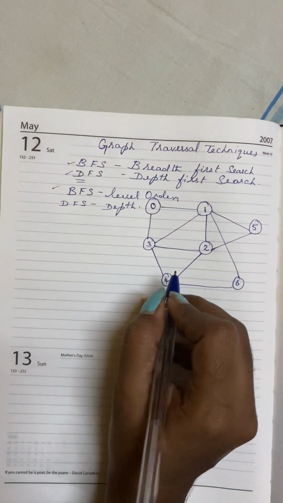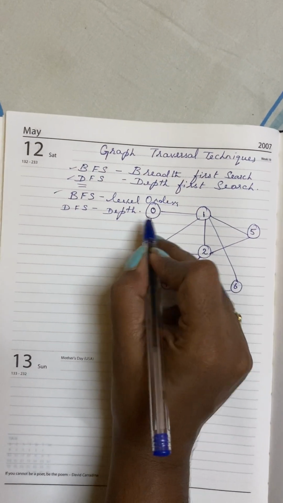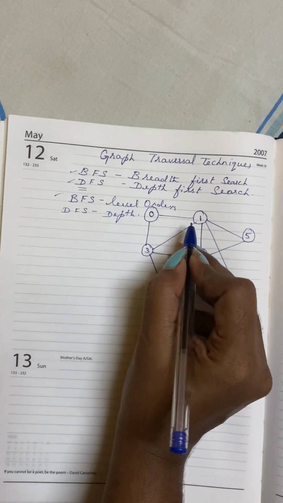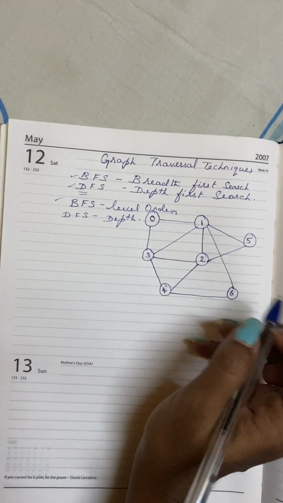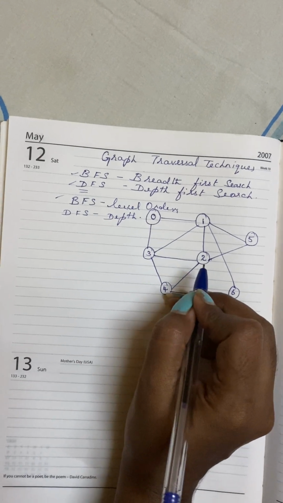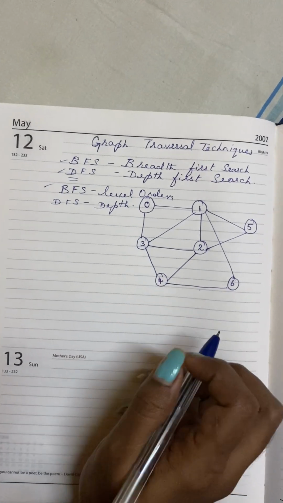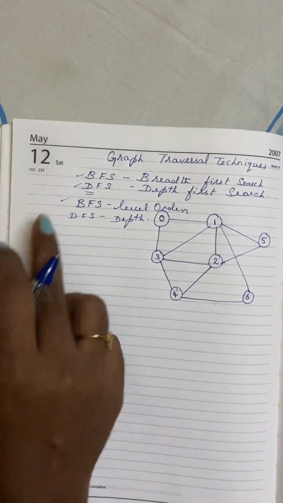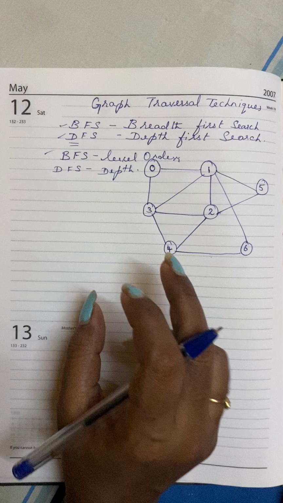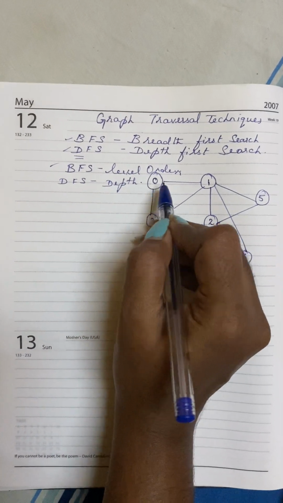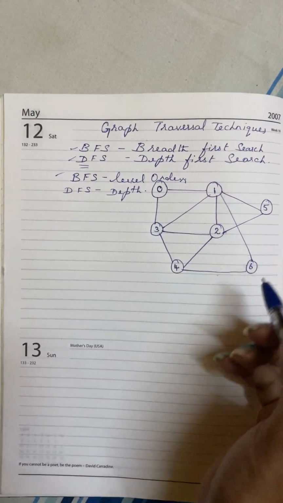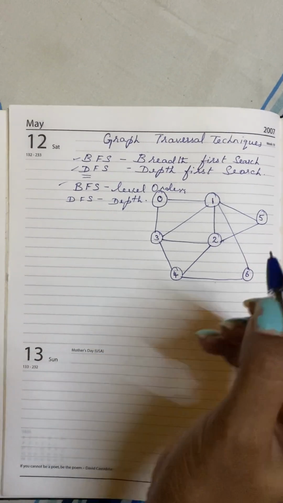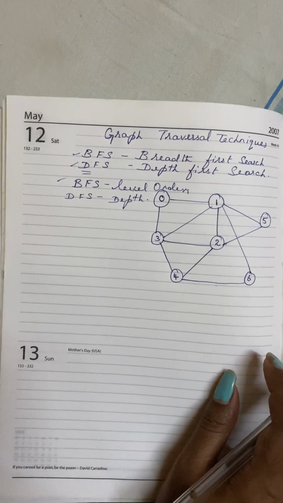Suppose in a question they give find the DFS or BFS with root node 1, or with root node 2. Then from that particular vertex you have to start your traversal. This is the first condition which we have to note. In this particular problem, I am taking 0 as the default, because I am not specifically given a root node. Say for example, I am choosing 0 to be my root node.